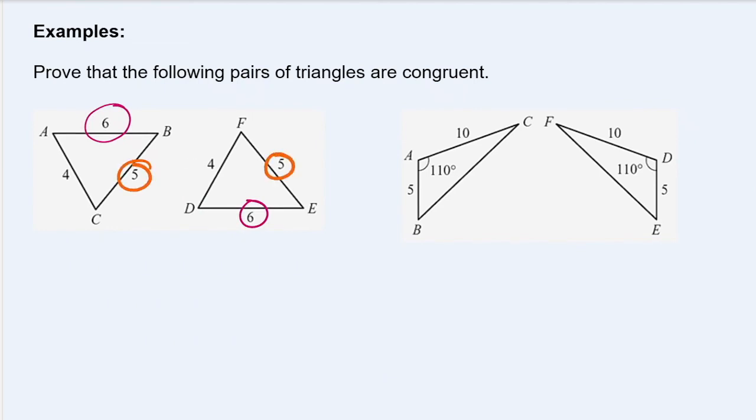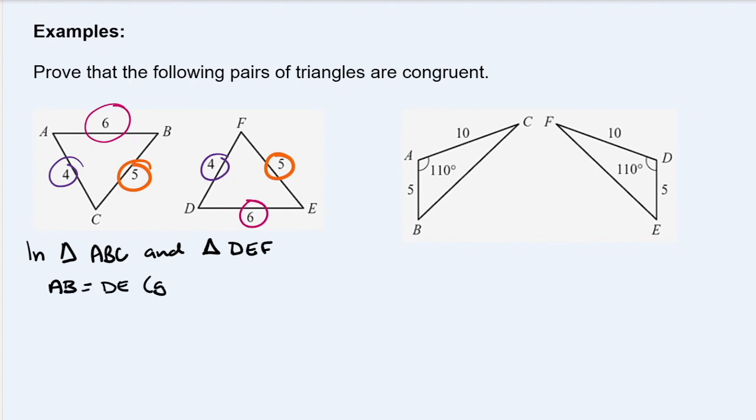Here's a corresponding set of sides. Corresponding set of sides. So in triangle ABC and triangle DEF, we know some stuff. So we know that AB equals DE, and that's given.